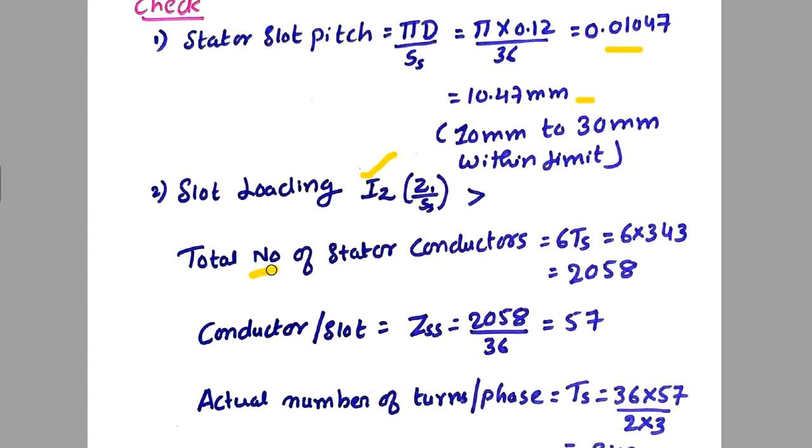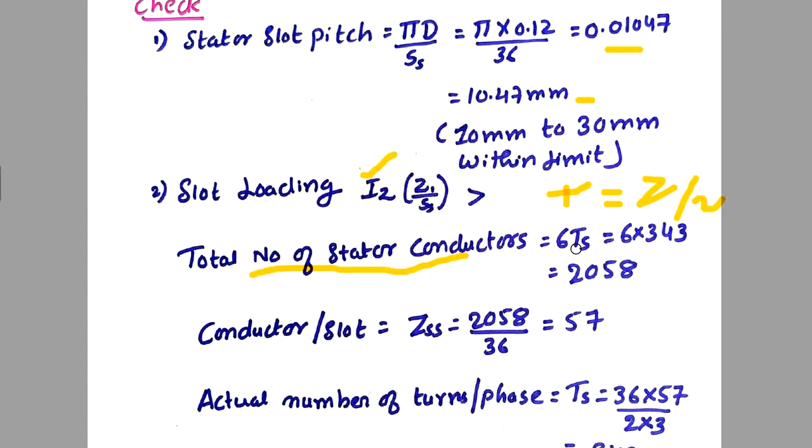Now, total number of stator conductors is 6 into TS. Why I have taken 6 here is because one turn consists of two conductors. So now Z by 2 equals T, so Z equals 2T.